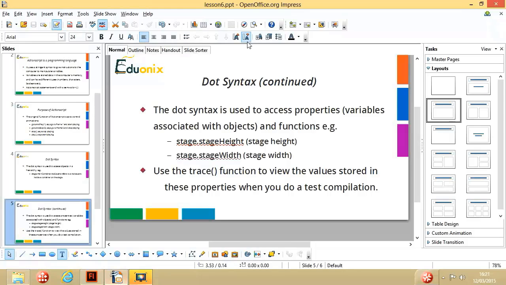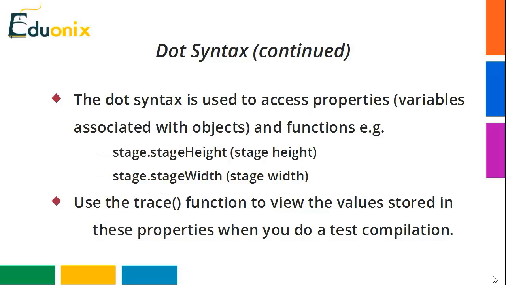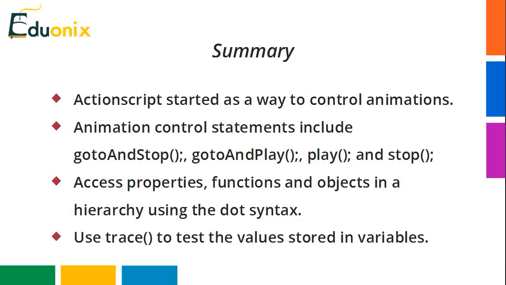So let's go back to our presentation. So in summary, ActionScript started as a way to control animations. And ActionScript control statements, we've had a look at some of those. We've had a look at go to and stop, and also at stop. But there's also a couple more: go to and play, which will send you to a specific frame and then start playing, and play, which just says play.